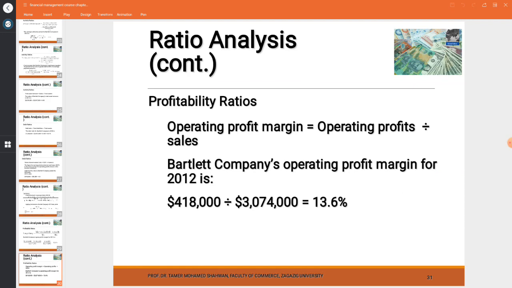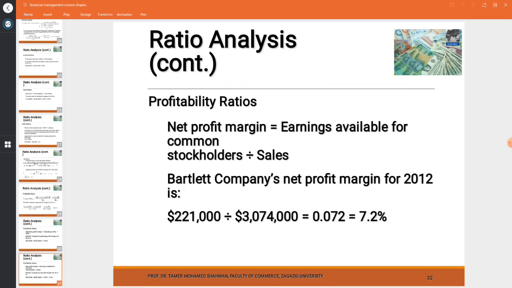The same way, you could determine what we call operating profit margin. Operating profit margin is operating profits divided by sales. Operating profits, or sometimes we refer to it as EBIT, earnings before interest and taxes, divided by sales. In our example, it is 13.6%.